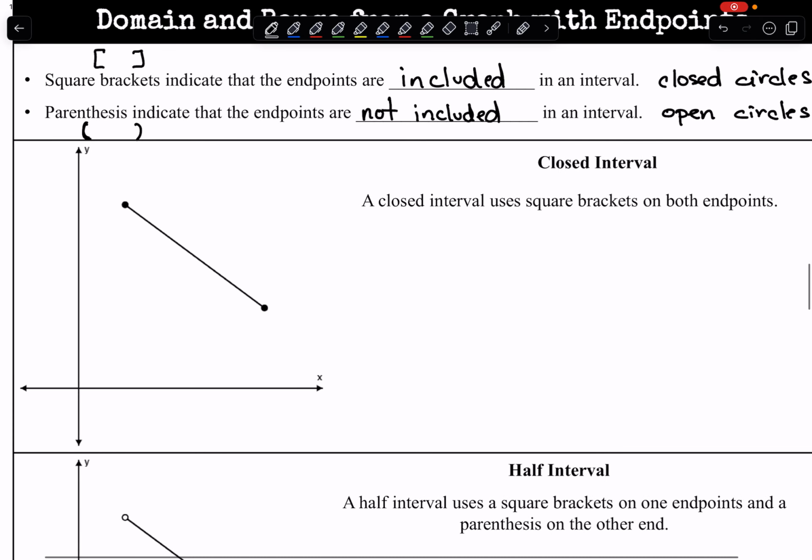This is an example where we're going to have a closed interval because the two endpoints are both closed. As you see right here in the diagram, this endpoint and this endpoint are closed. So this is an example of a closed interval. So if we look at our domain, let's say this is an x1 value, this is an x2 value.